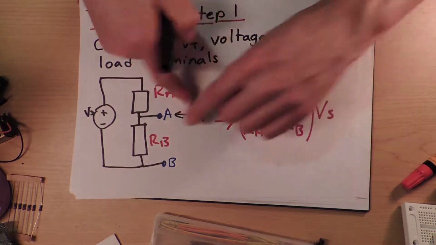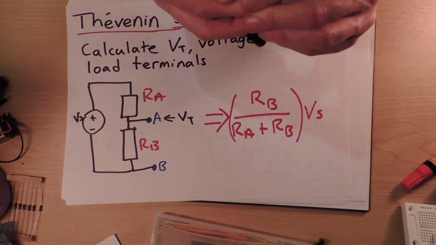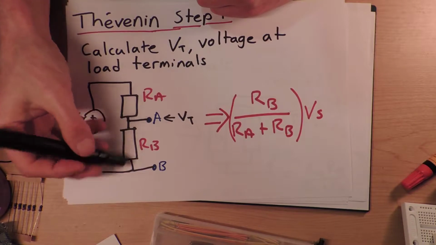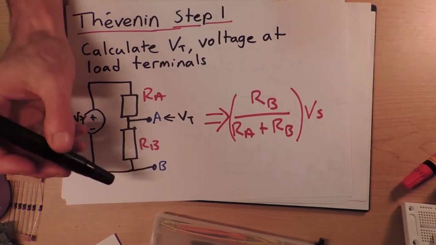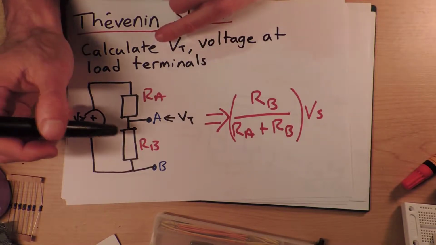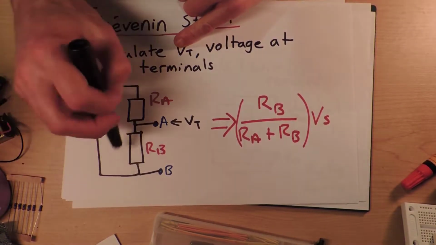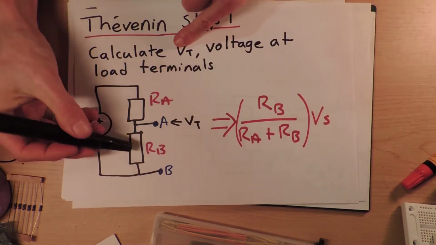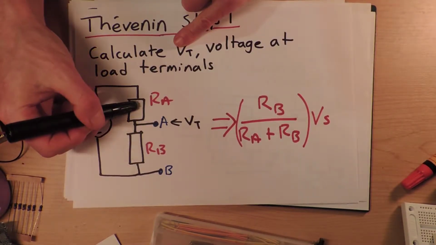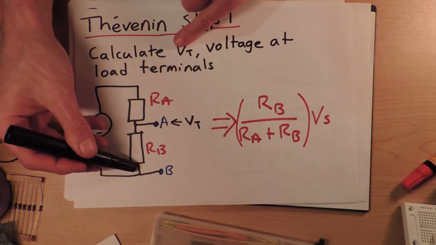So that gives me the proportion of the voltage that goes across this resistance. Just a reminder, if this was 100 ohms and that was 50 ohms, you would think that most of the voltage has to be spent going across the 100 ohms.